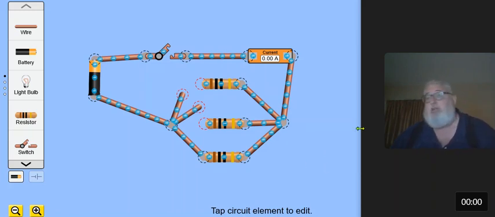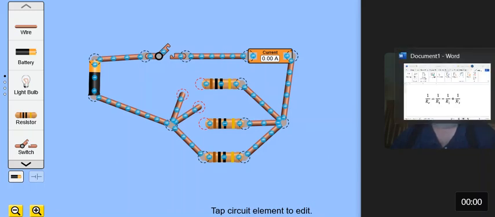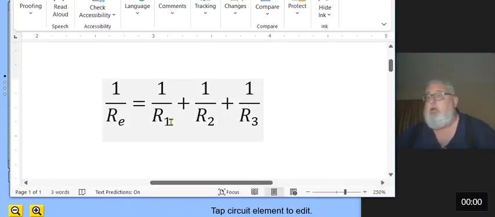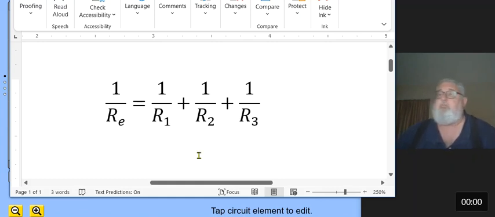Alright, so let's take a look at the parallel situation first. Let's pull up the relevant equation. So 1 over the equivalent resistance is equal to the sum of the inverses of all the resistors, resistors 1, 2, and 3.